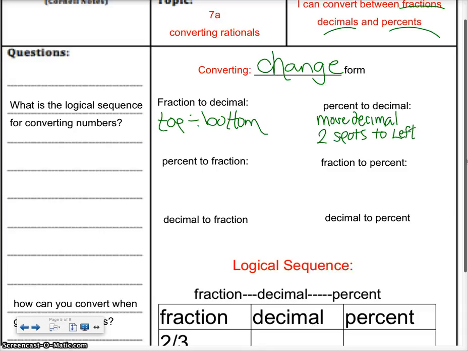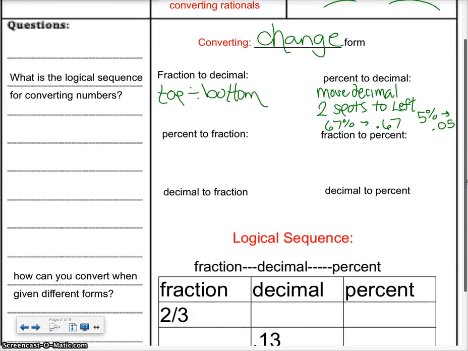For example, 67% is 0.67, right? 5% is 0.05. You need a placeholder 0. You're definitely going to need to remember placeholder zeros today, because 0.5 is not the same as 0.05.